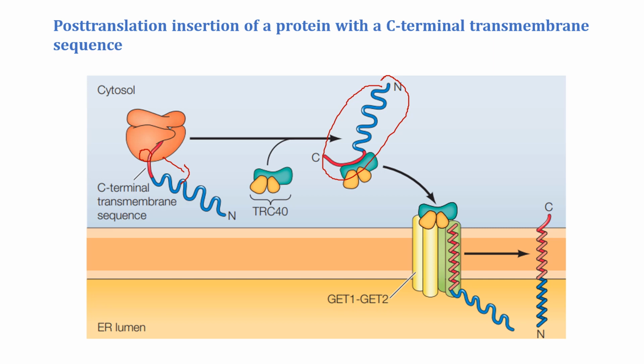So instead of the SRP, these proteins are recognized post-translationally by the targeting factor TRC40, which brings them to the GET1 and GET2 receptor, which are present in the ER membrane. They are inserted into the ER membrane with their short C-terminal domains on the cytosolic side.